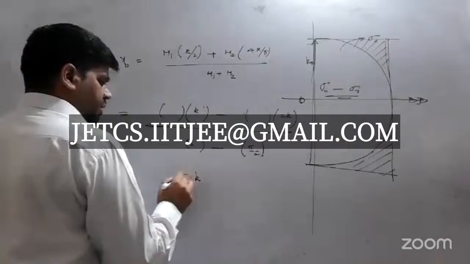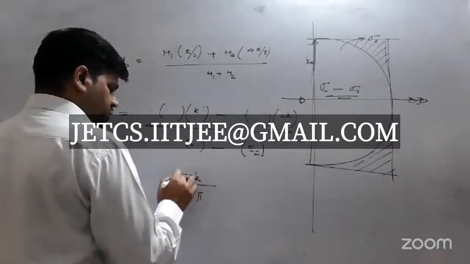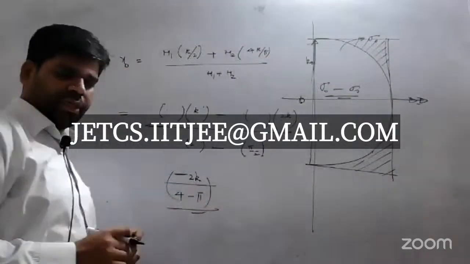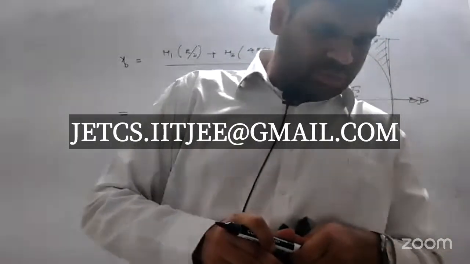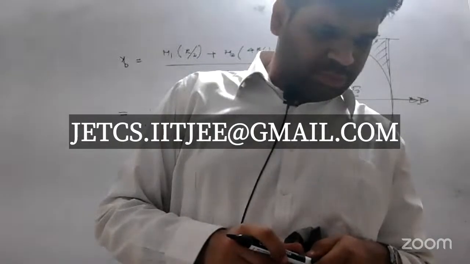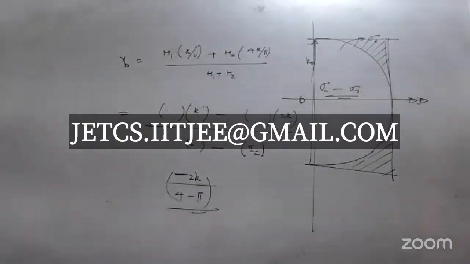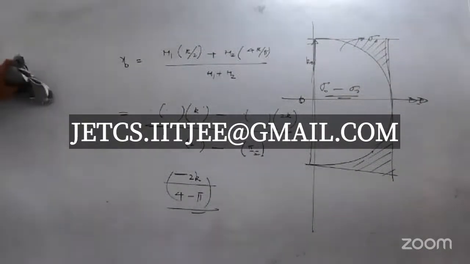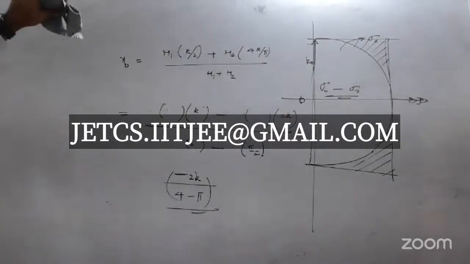So minus r by 4 minus pi. So minus 2r by 4 minus pi. Is that the answer? Check if that is the answer. Is it correct? Or if not correct, we have to do it again.